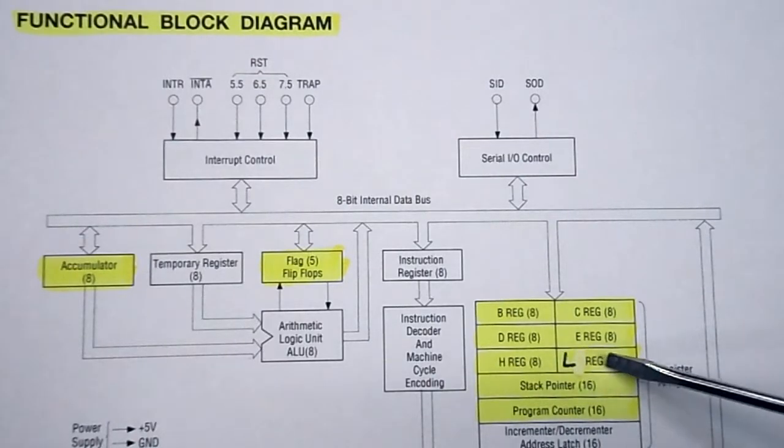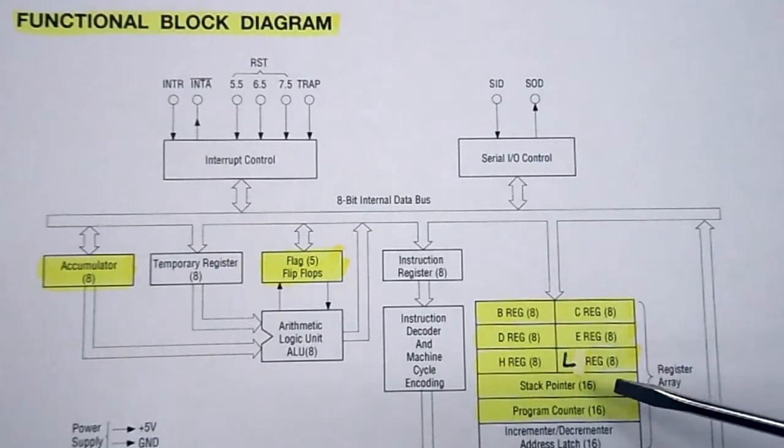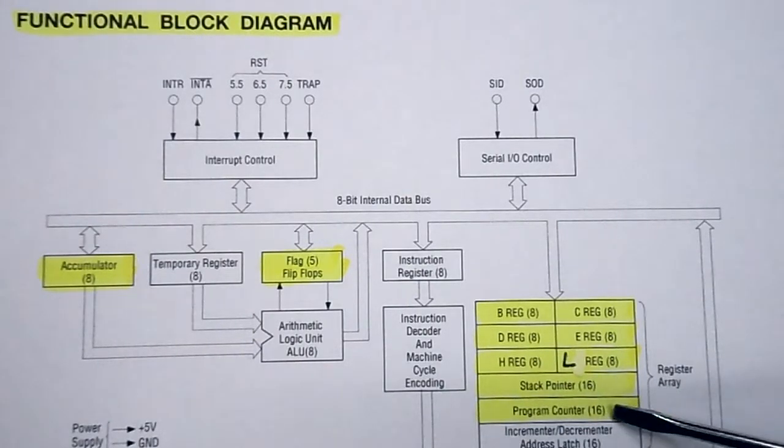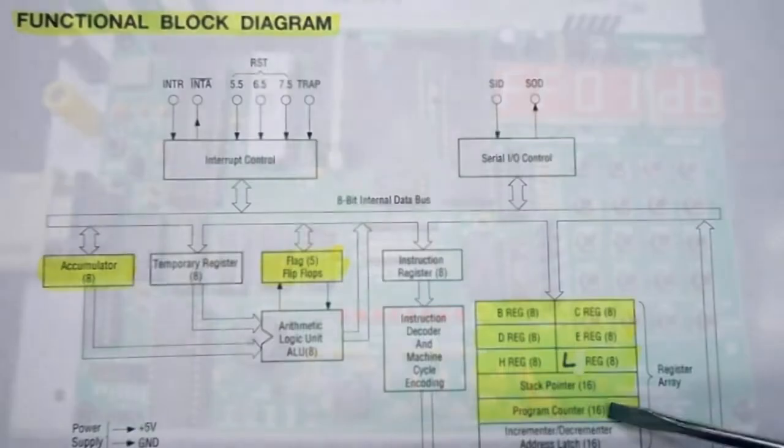This is now the L register, so it's the HL register pair. Below it, we have a 16-bit register called the stack pointer, which we will cover in another lesson. And then we have the program counter, which is 16 bits. The program counter, in our case, is holding the number FF01.